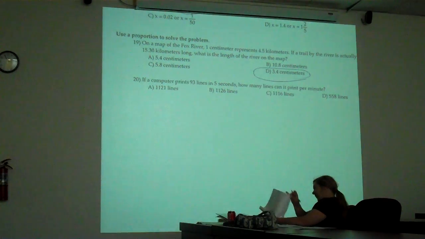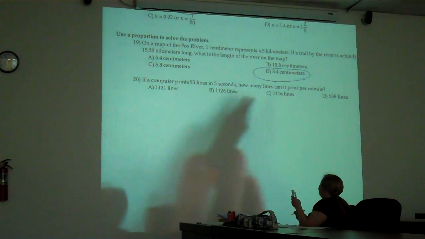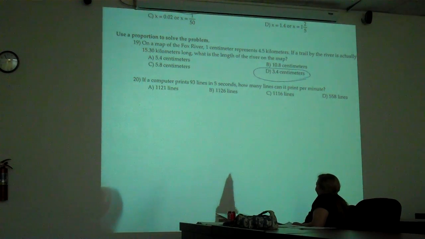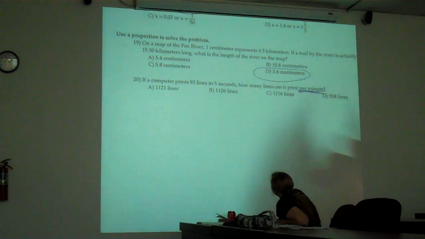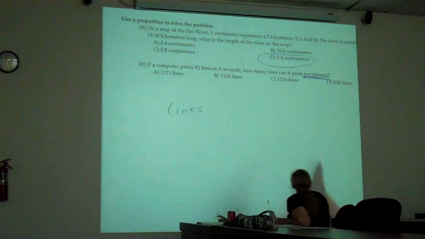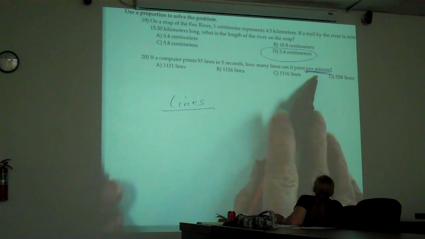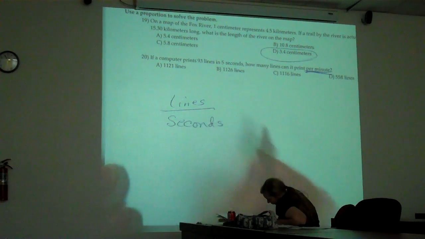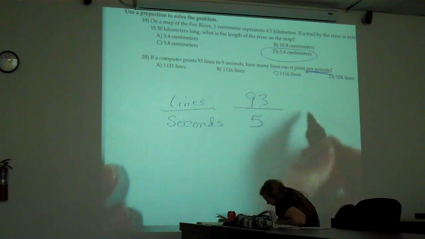That's right. If the company prints 93 lines in 5 seconds, how many lines can it print per minute? 93 over 5. We want lines over minutes, right? I mean, lines over seconds, right? If we put lines, we're going to convert the minute to seconds, aren't we? Yeah, lines over seconds, because we know lines in seconds. 93 lines in 5 seconds.